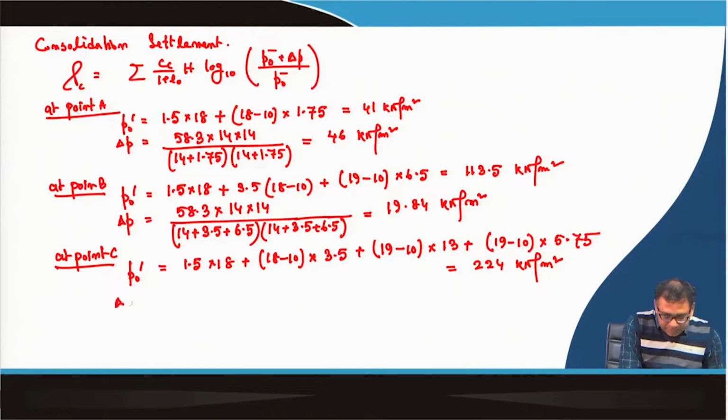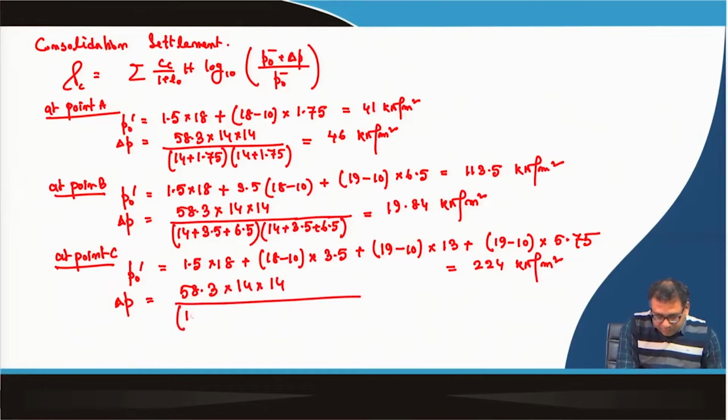So, del P will be equal to 58.3 into 14 into 14 divided by 14 plus 3.5 plus 13 plus 5.75.